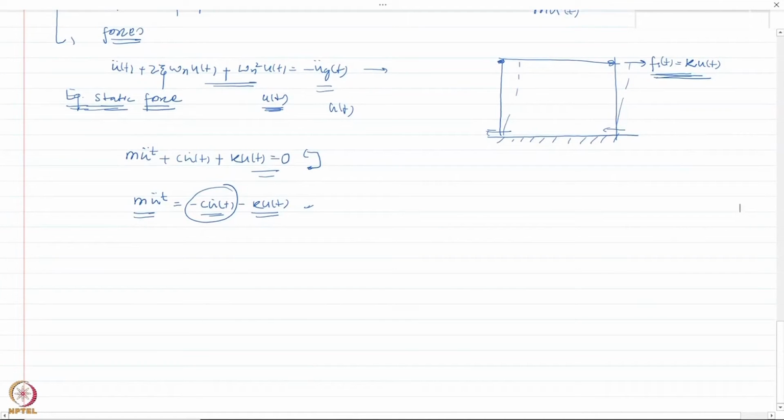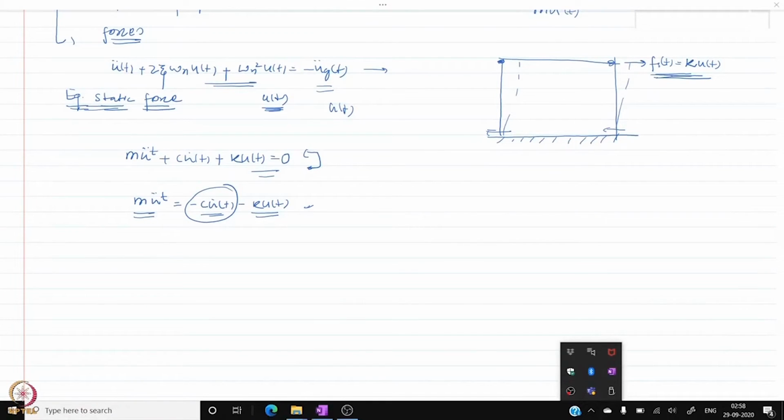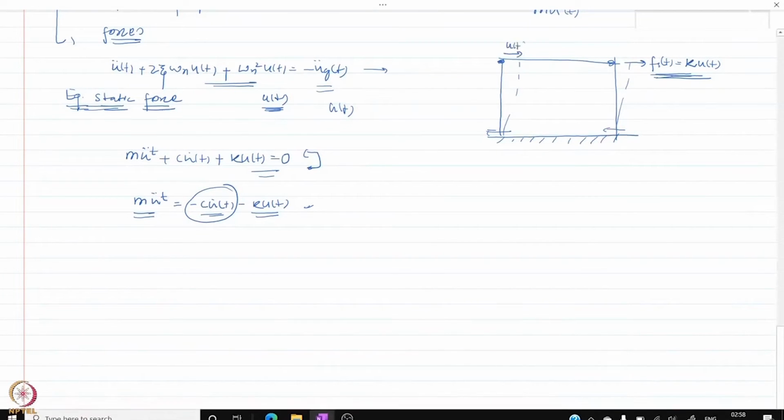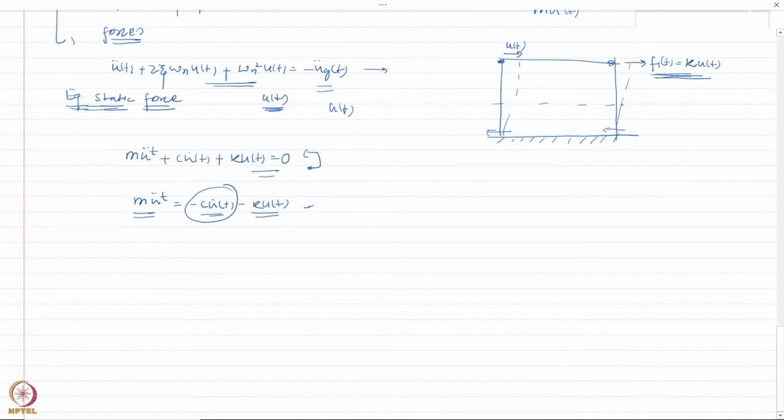For this case, if I apply this force, the displacement in the system would be the total force divided by the lateral stiffness of the system, which is u of t.